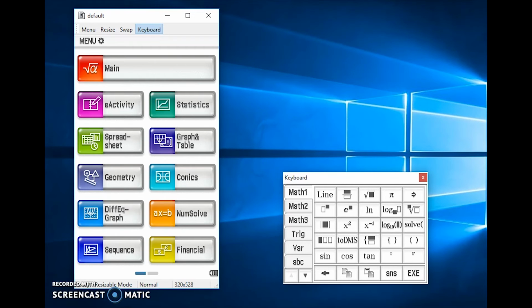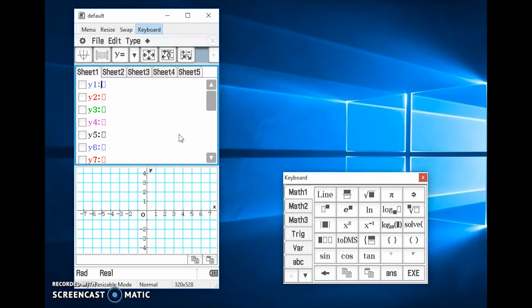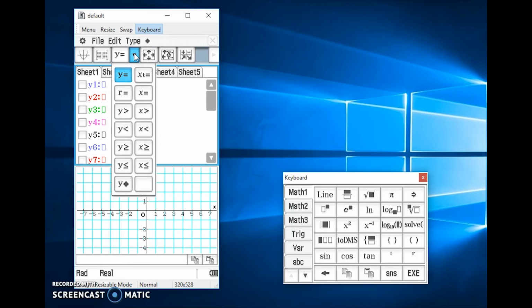Let's have a look at graphing it. So we go to our screen where we're just going to put in our two equations. Okay, we've got an option here. We can use the graph and table screen, but we don't really have an option to put the equations in as they were. We would have to rearrange them to be in the form y equals mx plus b.